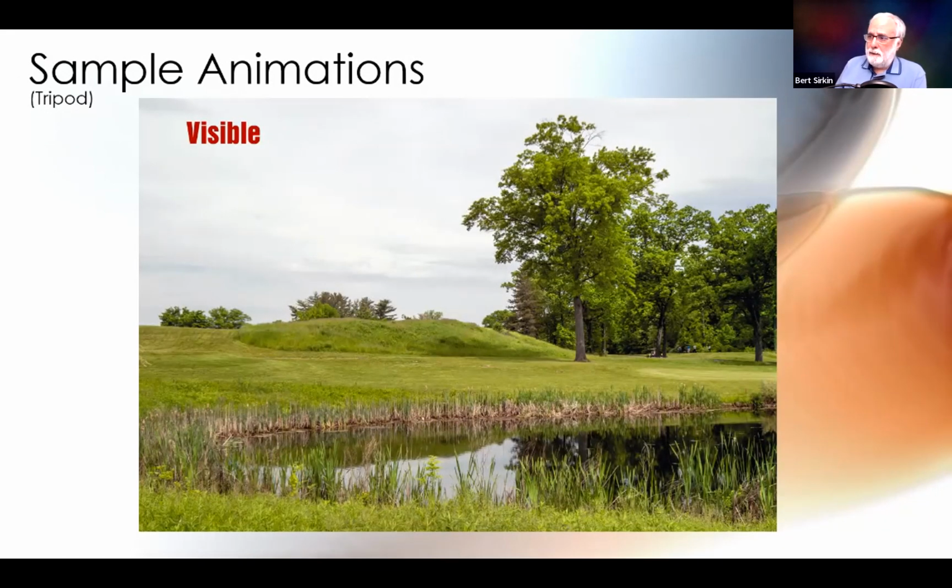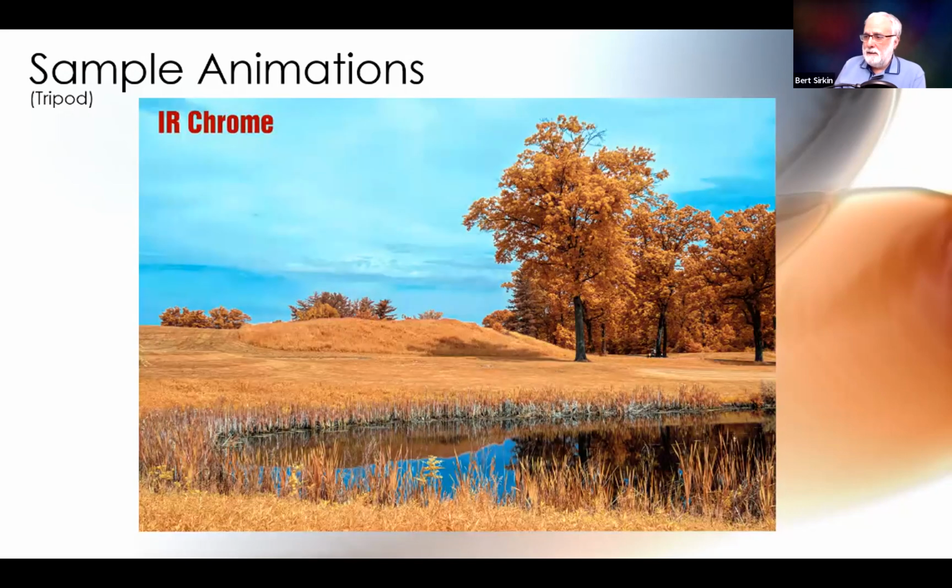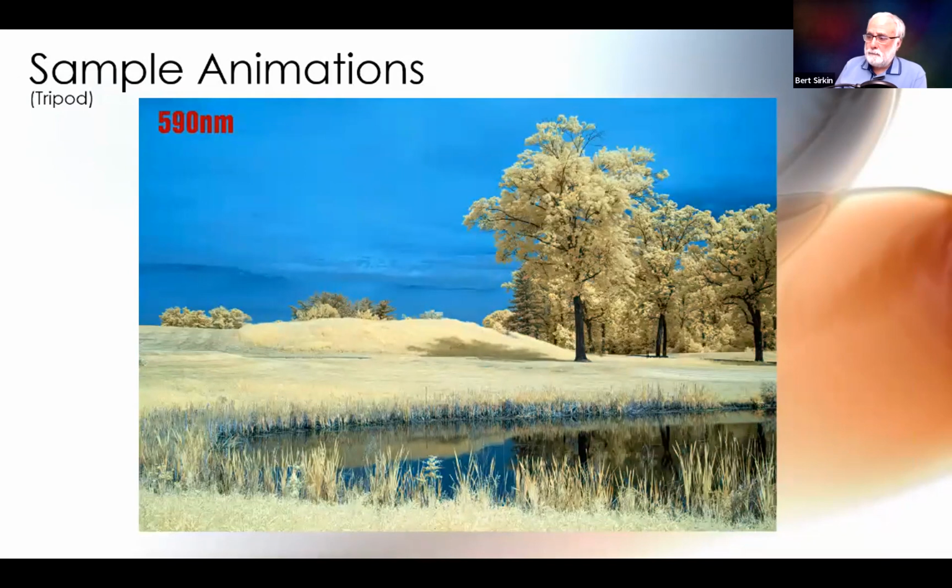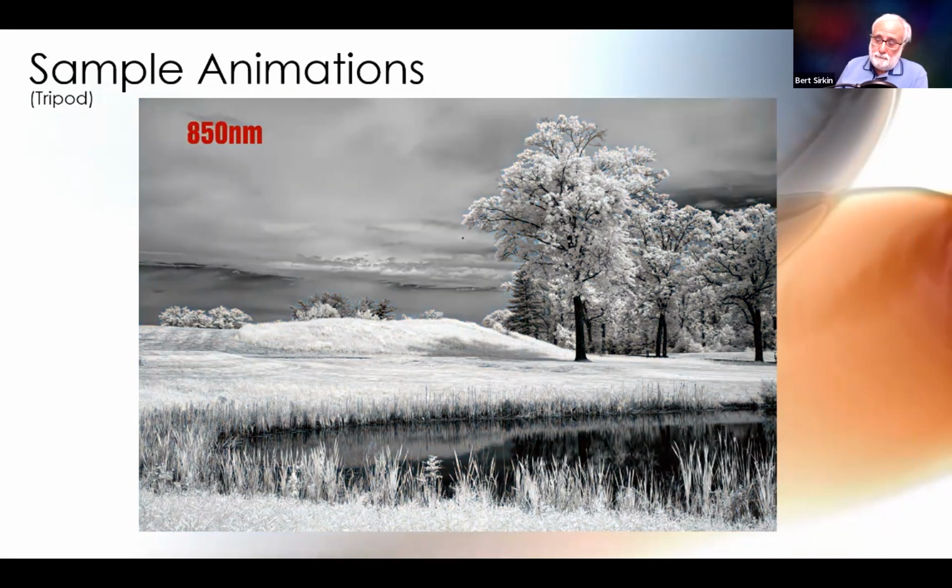So in this case, we have the visible image, and I'm showing it with different infrared filtrations. But you can do a slideshow like this. And as you saw, you can decide how long you want each image to be displayed. And you can actually do fades between the images as well, which I'm going to show you how to do.